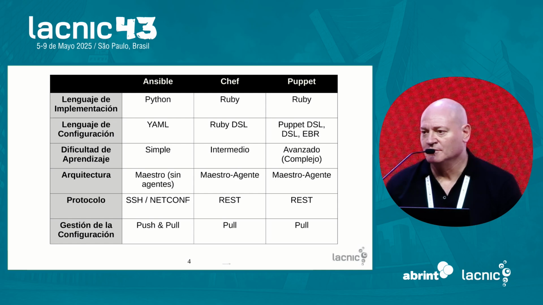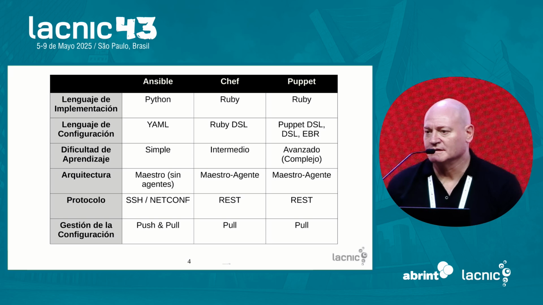The protocols used to communicate are also different. Some use REST, and Ansible uses SSH and netconf. SSH, and then they are working to use netconf. And then managing configuration, Ansible is push and pull, and the other two are pull only.